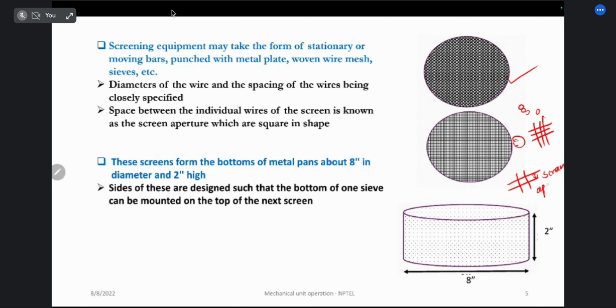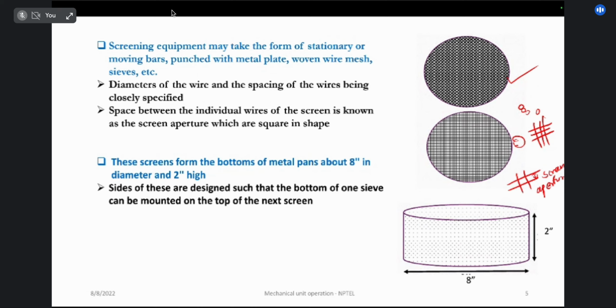Screen aperture. As you can see, these are the important phenomena. Generally, a screen has a metal pan which is roughly 8 inches in diameter and 2 inches in height. The sides are designed such that the bottom of one sieve can be mounted on the top of the next screen.